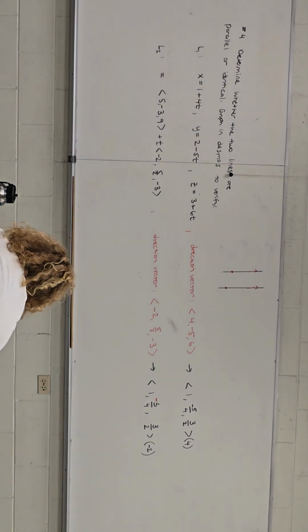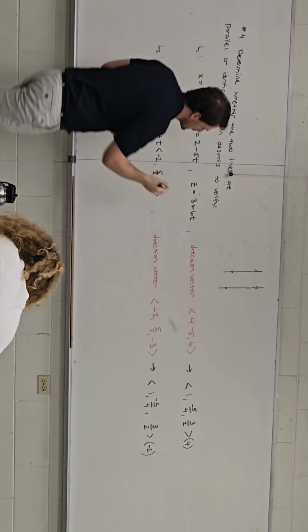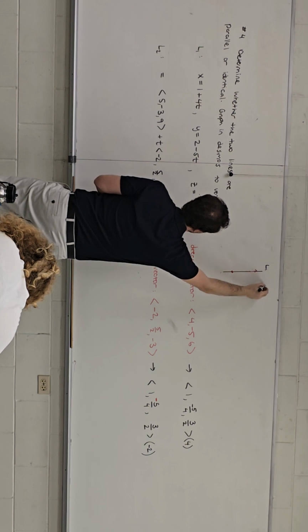I've got two lines, both have a direction vector, both have a point. I'm going to call this L1 and this L2.